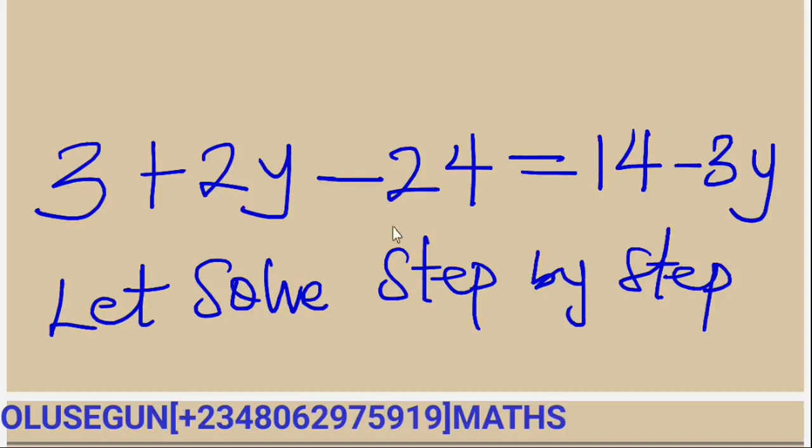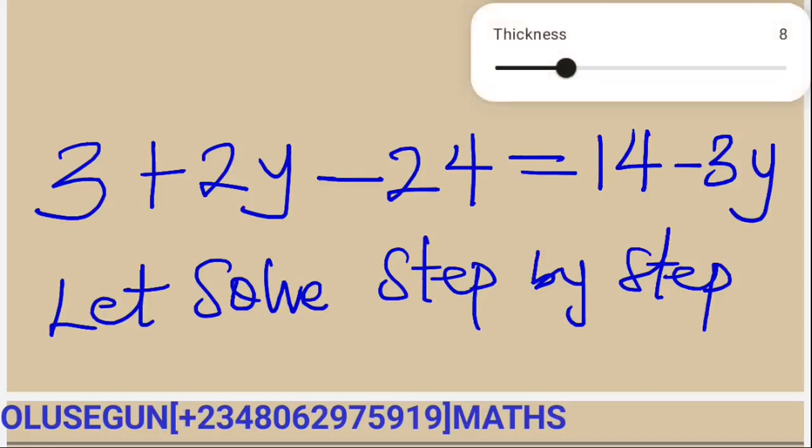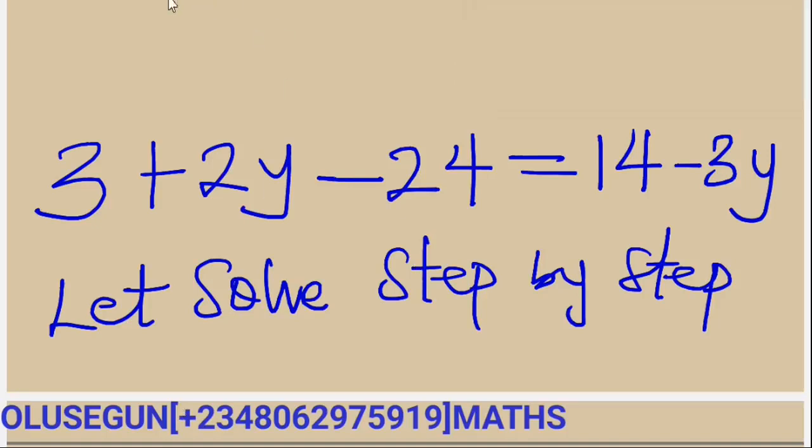Number one is how to collect the like terms of an equation. You must know how to do that, how to collect the like terms and simplify it in a very easy way. So these are the steps that we want to solve today.